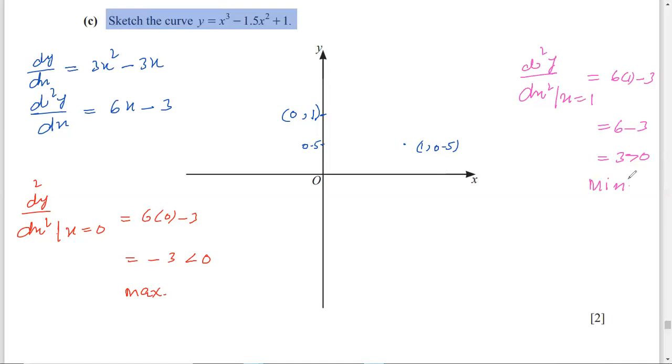Now sketching is very easy. If this point is a minimum, that means at that point the graph will rise. Because this is a maximum point, that means at that point the graph will fall. So in this way, we can easily sketch the graph.